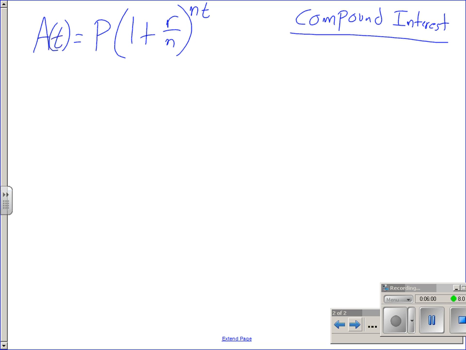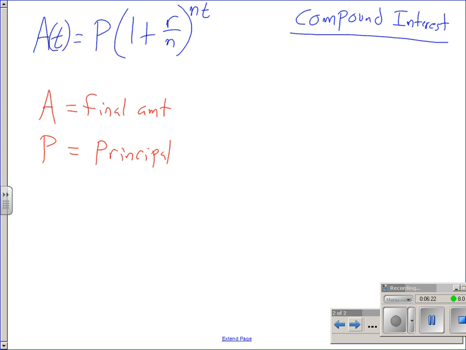So to figure out how much interest you have earned and how much the account is worth, we have this equation. So now, all these letters, the A value, that's your final amount. The P value, it's usually called the principal.